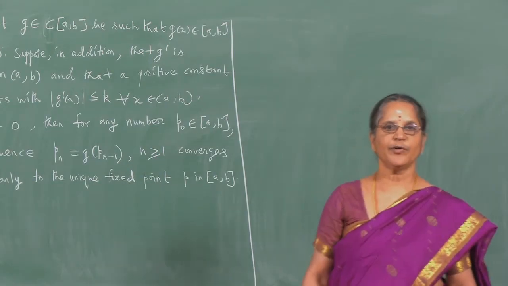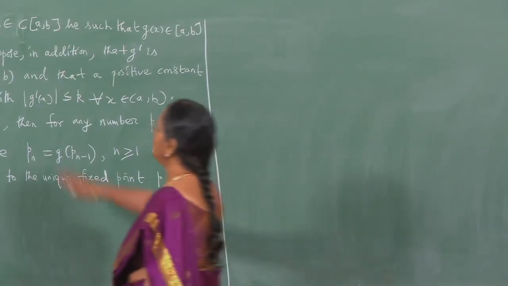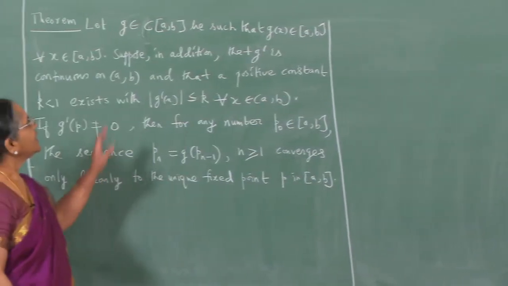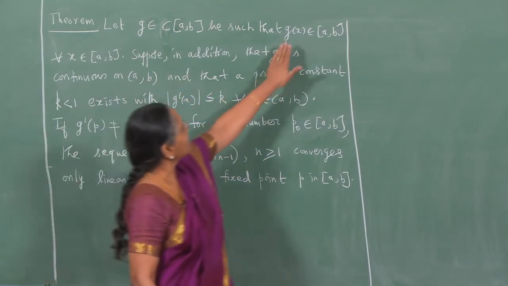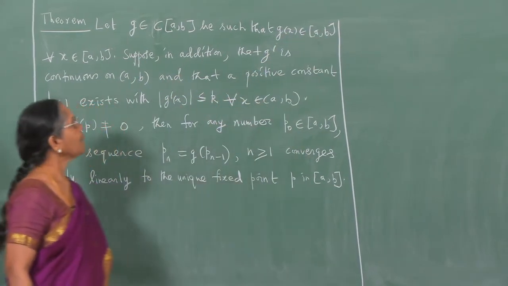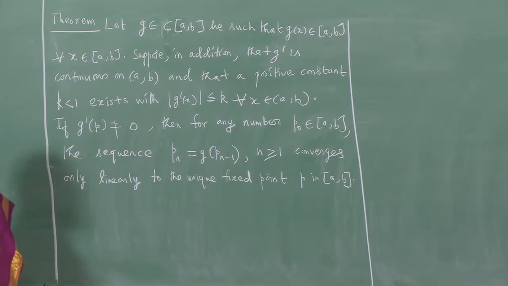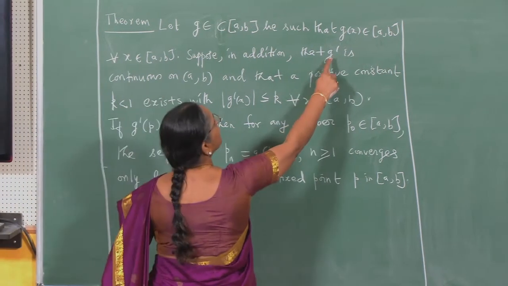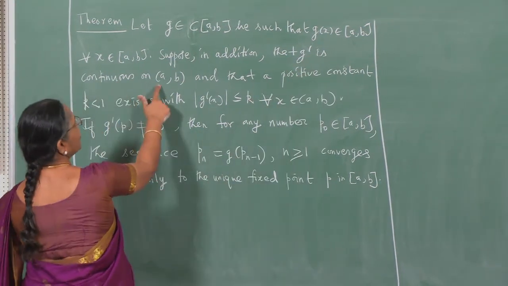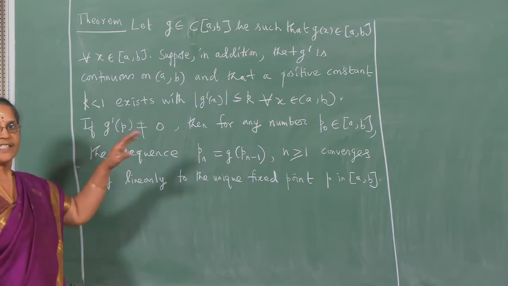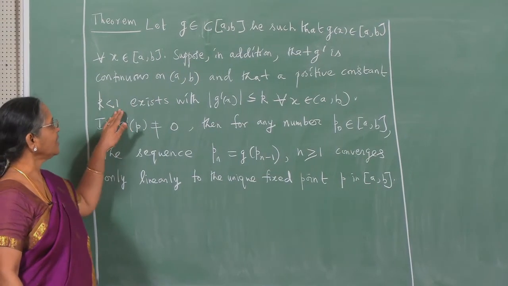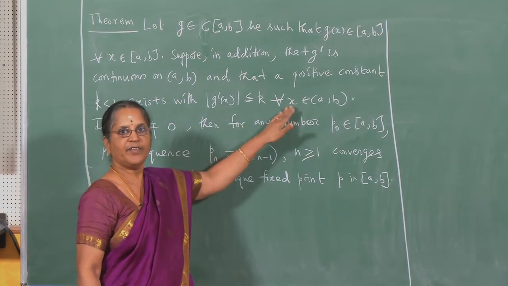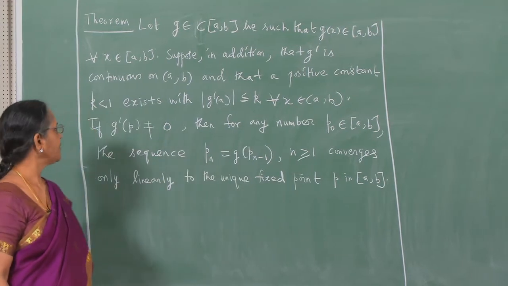Let us consider the following result. Let g be a continuous function in the closed interval a b, and it is such that g of x takes values in the closed interval for every x in a b. In addition, g is such that g dashed is continuous on the open interval and there exists a positive constant k less than 1 such that mod g dashed of x is less than or equal to k for every x in the open interval a b.